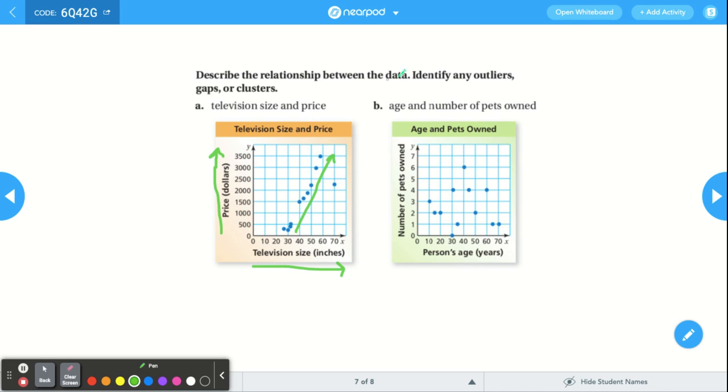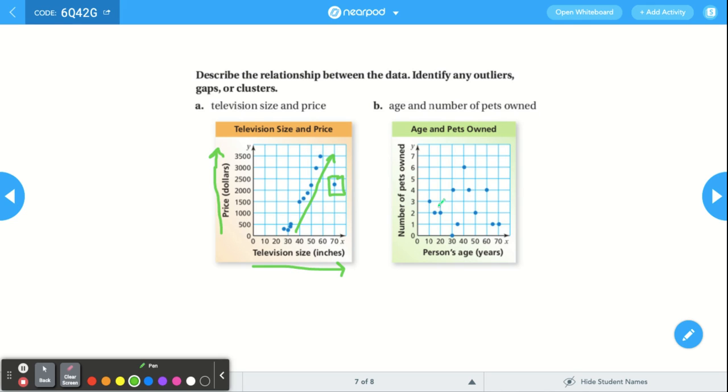All right, so we've talked about the relationship. And then any outliers. An outlier would be something that really doesn't fit on that line that I drew, something that might not make sense when you compare it to the rest of the data. When I look at this, I can see that this dot right here is an outlier.